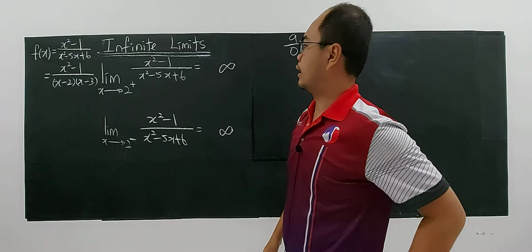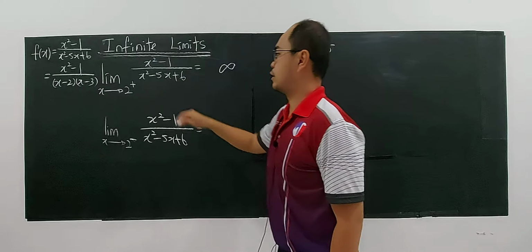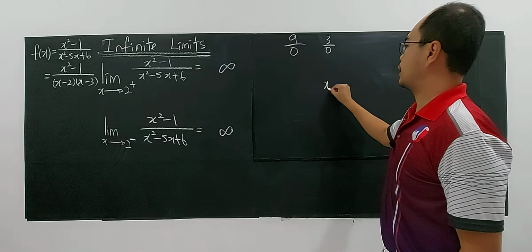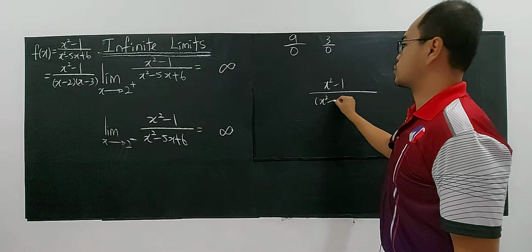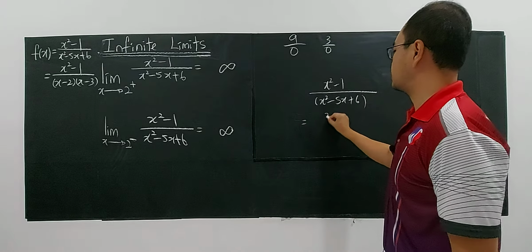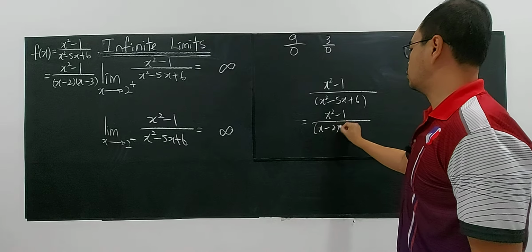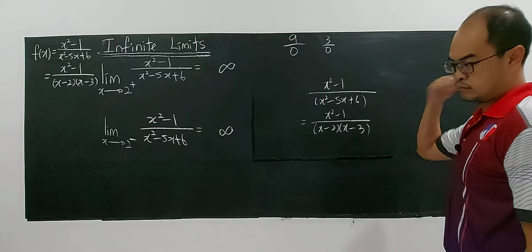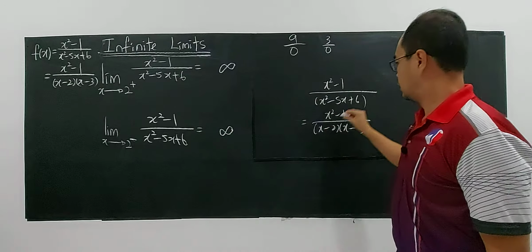Now, if you choose a number greater than 2, what happens? For example, x squared minus 1 over x squared minus 5x plus 6, and you have already rewritten this as x squared minus 1 over x minus 2, x minus 3, right? If you directly substitute the value of 2 into x squared minus 1, you are getting positive.